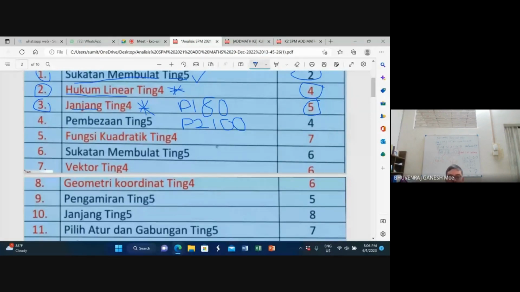And today's one we are doing is differentiation, pembezaan. After this, you'll be clear. And then the other one is quadratic function. I think I did it with you. How is your quadratic function?